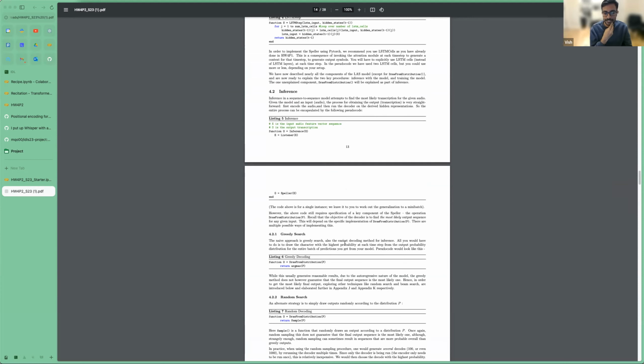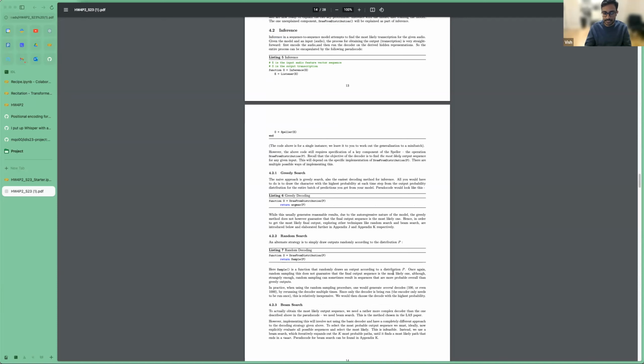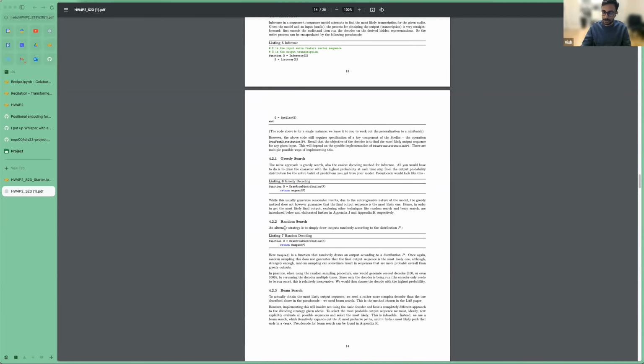But the idea is you have 3 ways to understand what is the next most likely token or character that you're going to model. One is the greedy search, which is just going to basically get the most likely at every time step. The other one is a random search, where you're basically going to do some form of random sampling, right? Not exactly finding the most likely output each time.